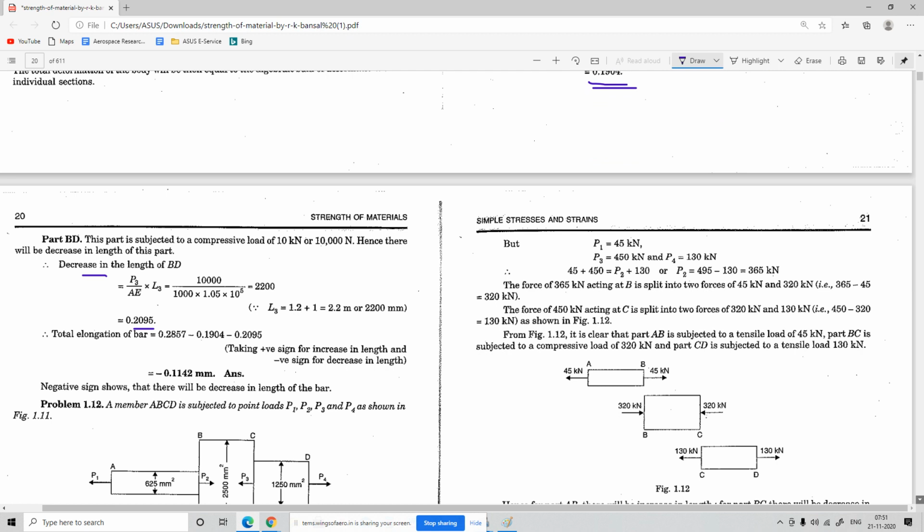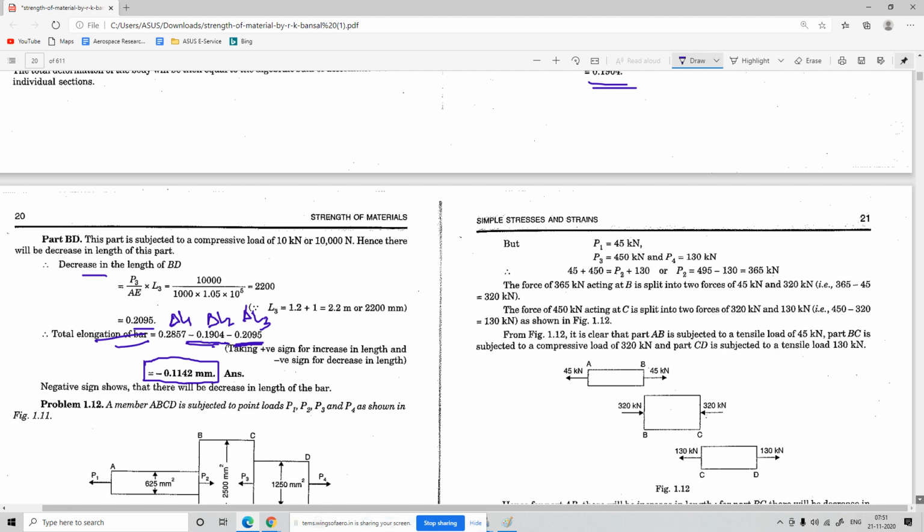So to find out the total for the bar, this is del L1, del L2, del L3. So when you are adding, it should give us minus, because it is a decrease in nature. And whatever you will get, that will be the value. So you have to keep that in mind.